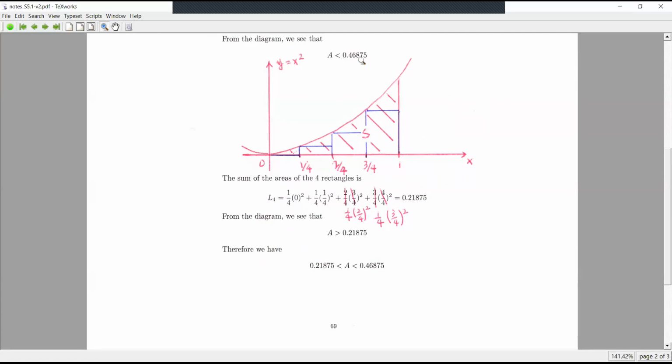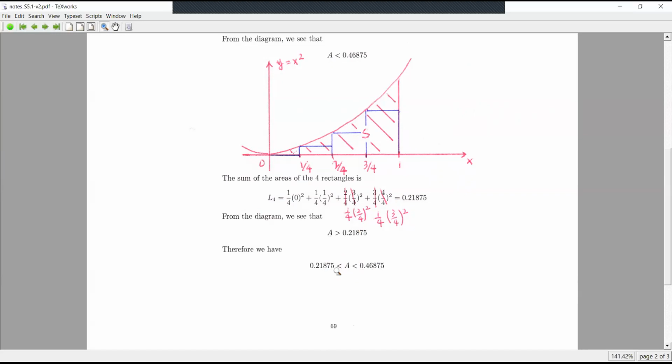Combine this inequality and this inequality, then we get these 2 inequalities. Even though at this point I don't know what A is, I want to exactly find A, but I can tell you that A lies between these 2 numbers.